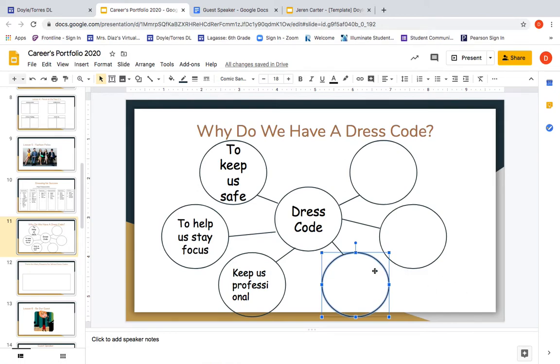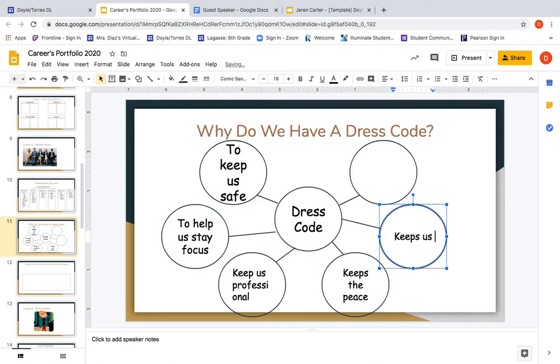Also, having a dress code, like if we say that you can't wear anything that might be offensive to other students, so it keeps the peace, meaning that you don't want to read something on somebody's shirt that might offend you, right? So it keeps the peace.